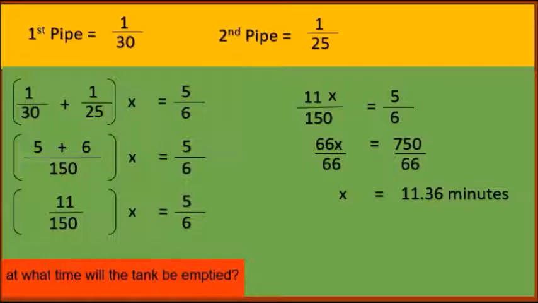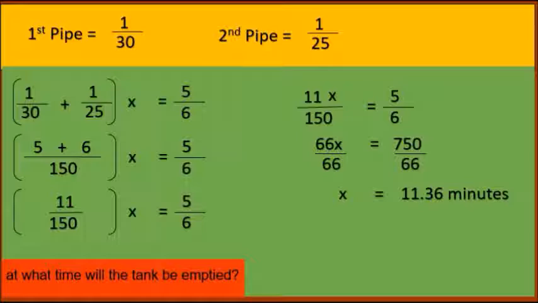Ngayon, 5 plus 6 is 11. So 11/150 times x is 11x over 150 equals 5/6.